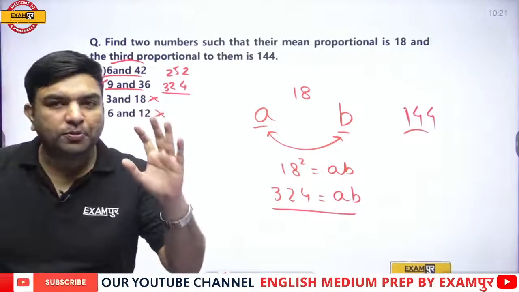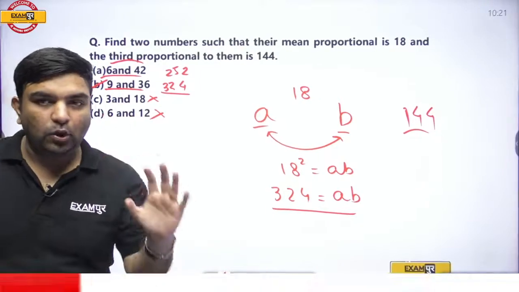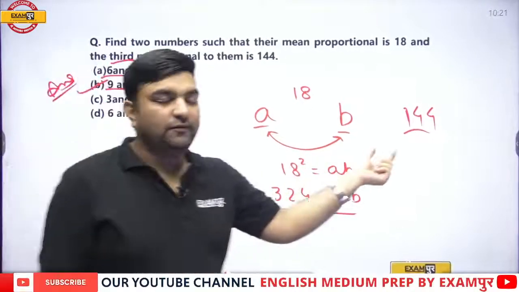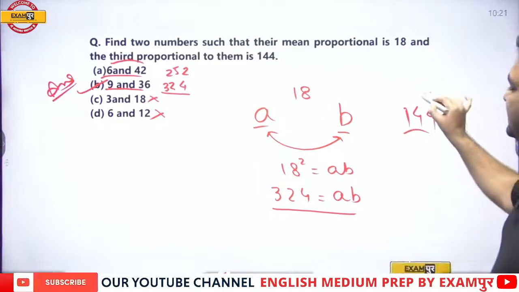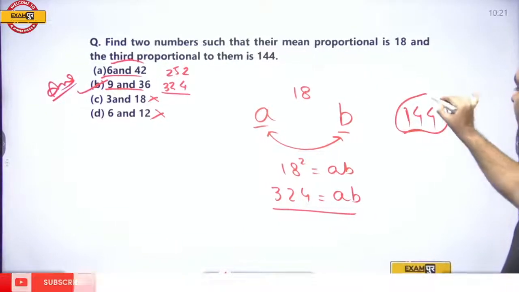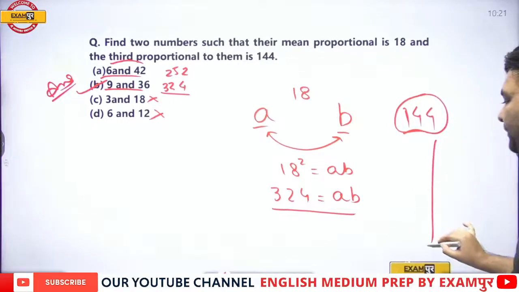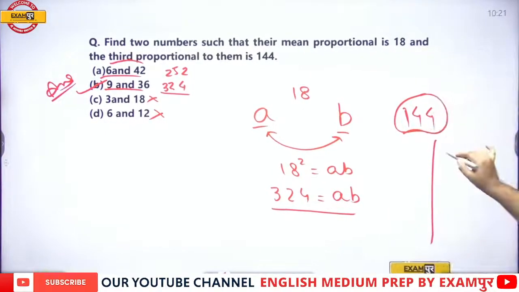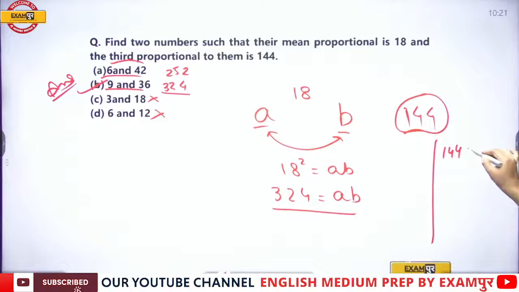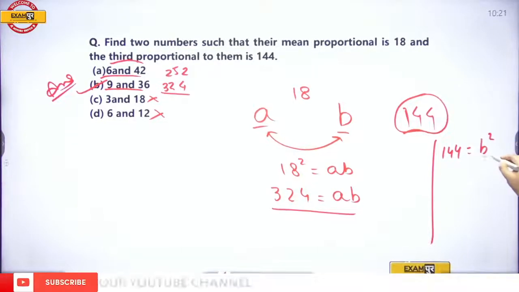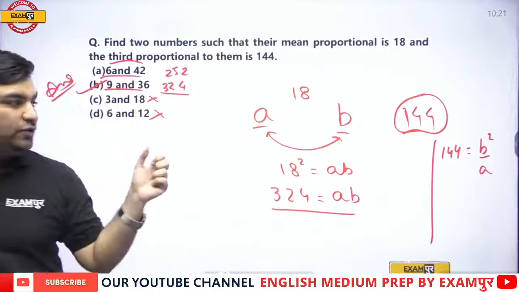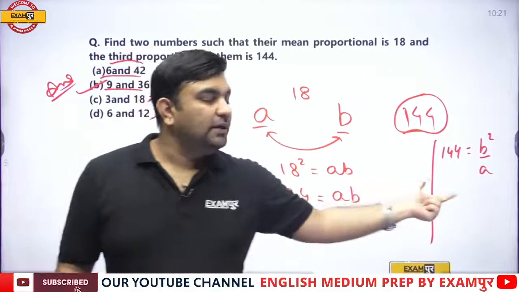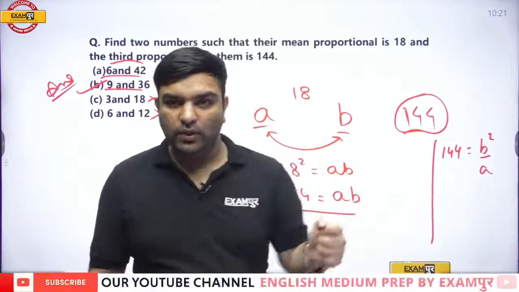If more than two options clash, then we will take the help of the third proportional condition. Because this is acting as a third proportional, 144 should be equal to B square by A. If two options clash, we can take the help of this as well.